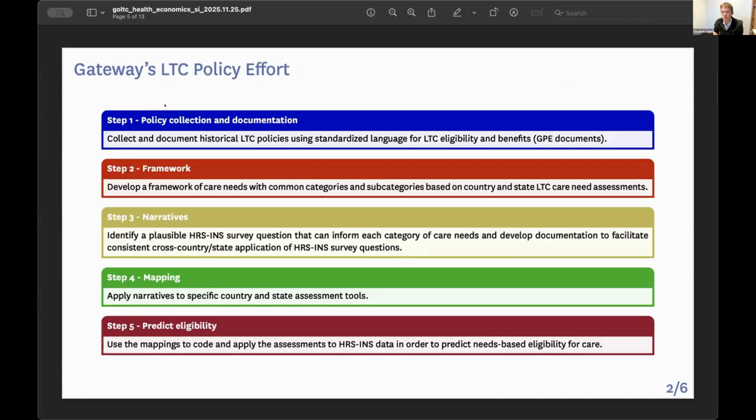As part of our long-term care policy effort, we collect policy and document it. We developed a framework of care needs and have developed narratives that match survey questions to the different elements of care needs. And then we map those needs to care needs assessments in individual countries and states within the US. And we are developing tools that will allow users to predict prospective eligibility for benefits, regardless of whether or not people take them up.